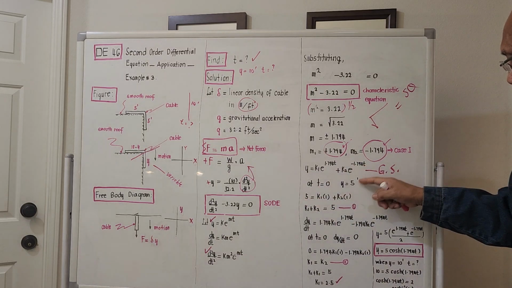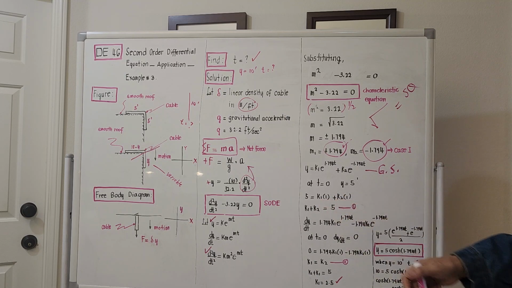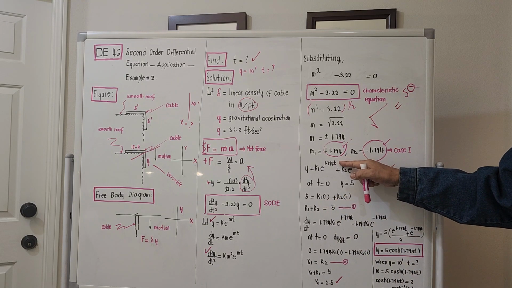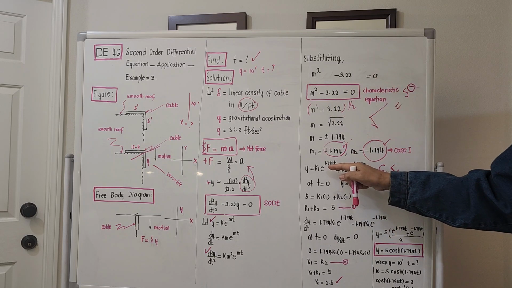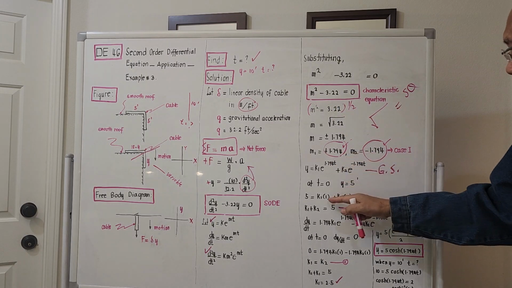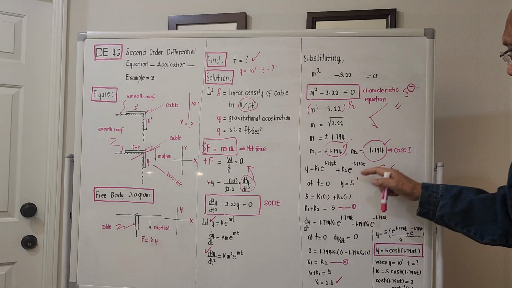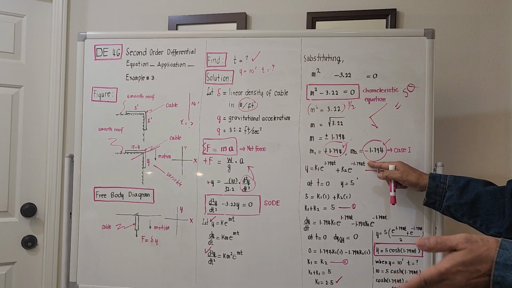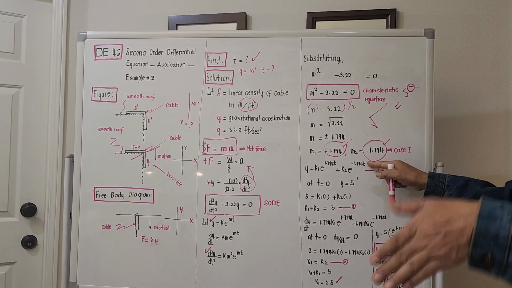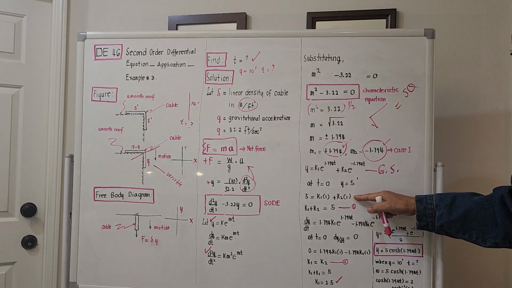We'll substitute this condition here. y should be equal to K1. At time t equal to 0, 1.794 times 0 will be 0, and e to the 0 will be 1, so this is times 1. Plus K2. At time t equal to 0, negative 1.794 times 0 will be 0, and e to the 0 will be 1, so this is times 1.